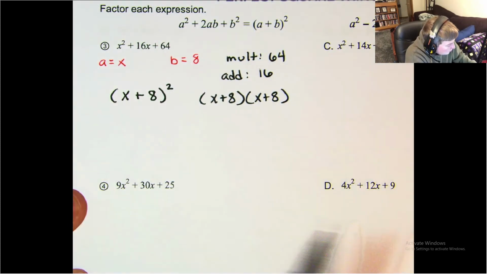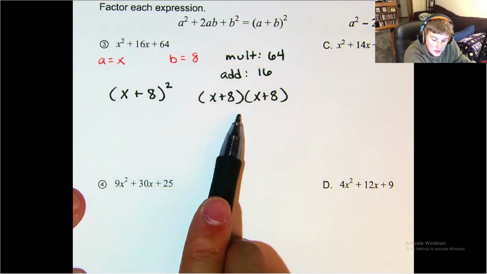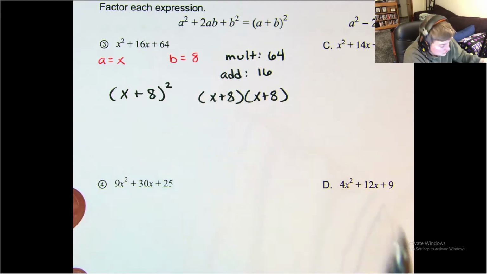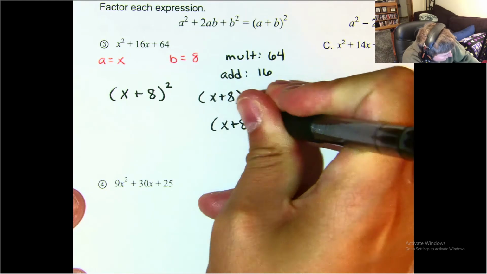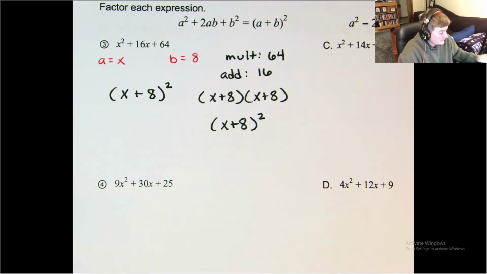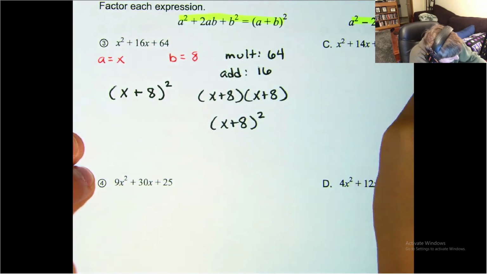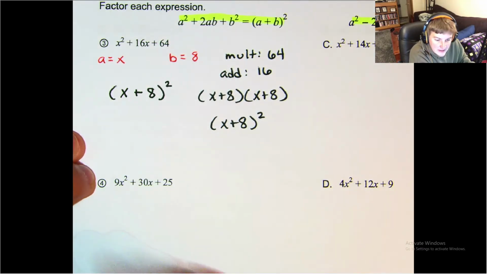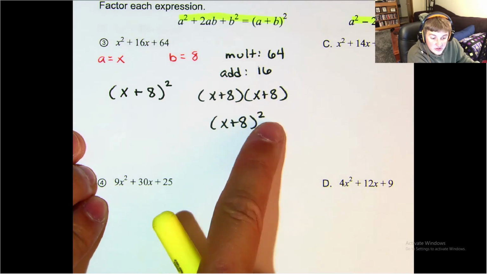But when I have the same term being multiplied by itself, I can really just condense this down into x plus 8 squared. And this is what we call perfect square trinomials, because the factors end up being exactly one factor that ends up being squared.